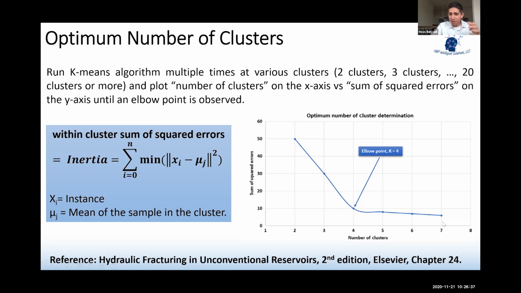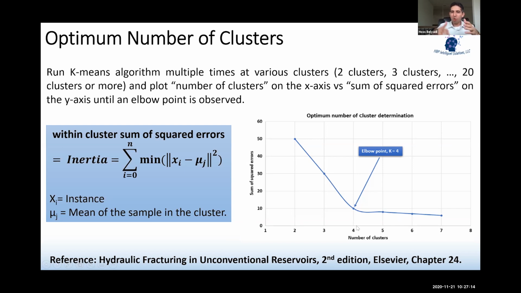It is going down, but it's not a drastic change. So you could add more clusters, but the issue that you'll face is that it's not going to pick many samples within that cluster. Let's just say you have a data set that has 10,000 rows of data, and you apply this technique, and your optimum number of clusters is going to be 4.